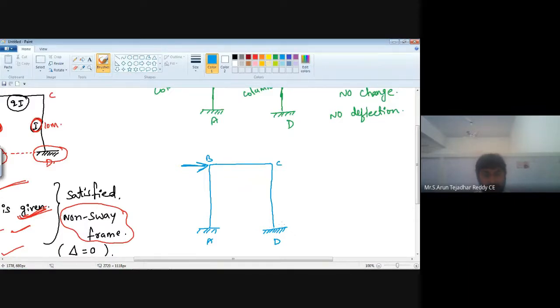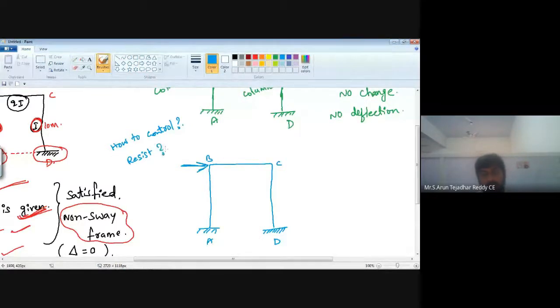Now, what is my question? My question is how to control. Due to this load we'll get deflection, but my question is how to control, or else how to resist.